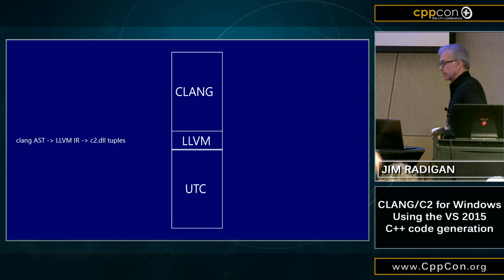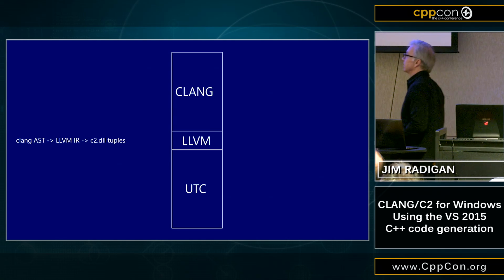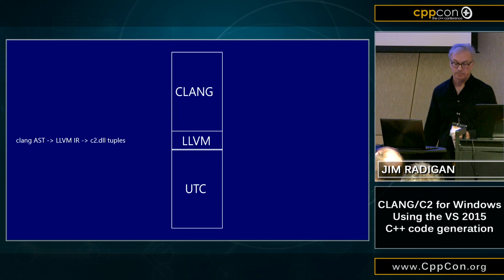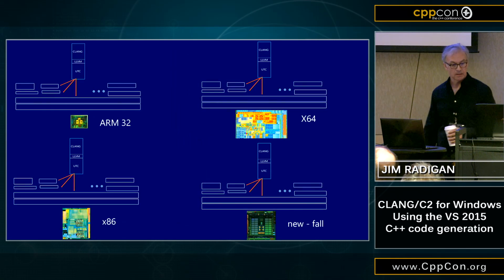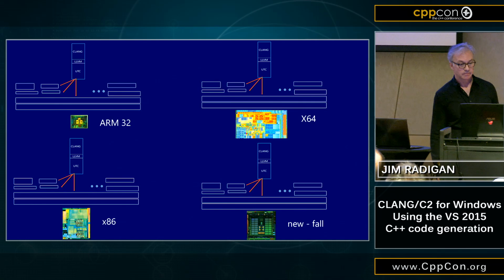So all we did was create something pretty simple that is obvious: we take the Clang ASTs, we generate LLVM IR, we don't do anything else to it, and then we quickly go ahead and generate C2 tuples, which is the name for our IL. So what we want to do is in November ship this.